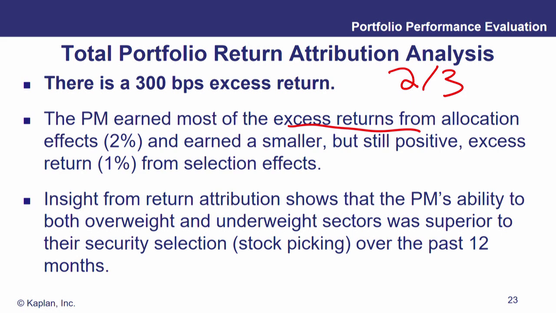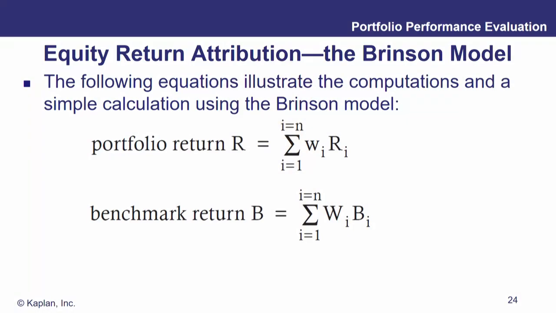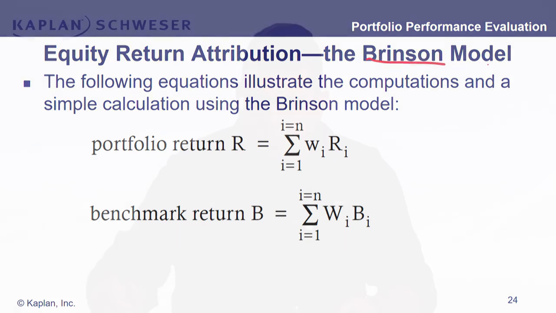Well, it shows that the portfolio manager's ability to pick sectors was superior to their ability to pick stocks over the past 12 months. Okay, so if this professional is telling us that they're one of the best stock pickers, I don't think so. That's not what we see in this data. But if they tell us they use a combination, and that's exactly what happened here, at least over this 12-month period, they did a better job at allocating sectors than they did stock picking, but stock picking was still positive.